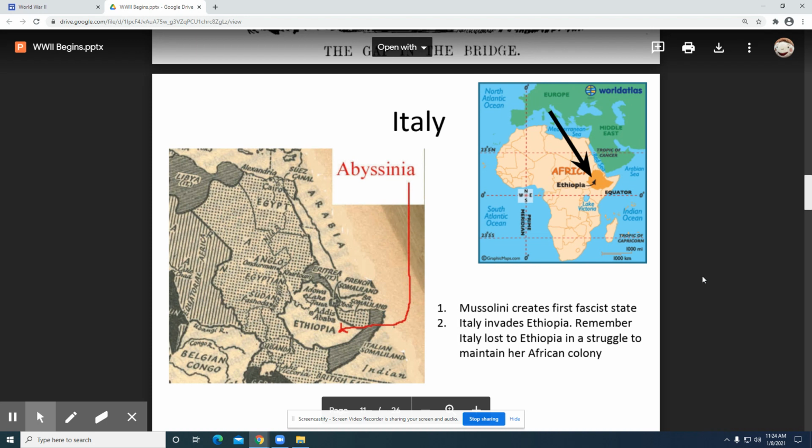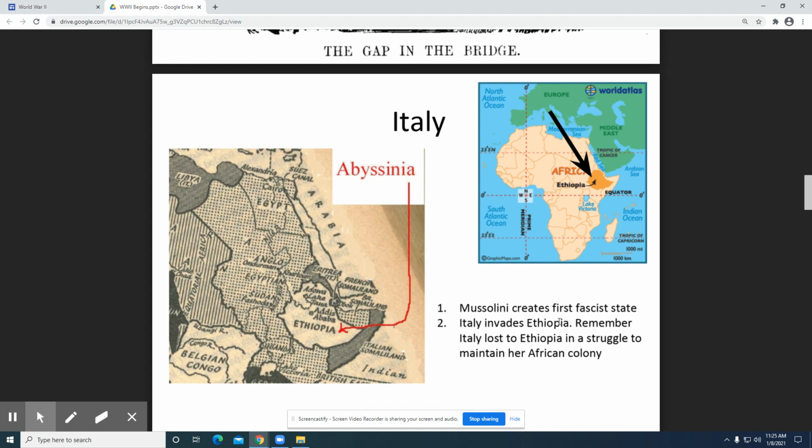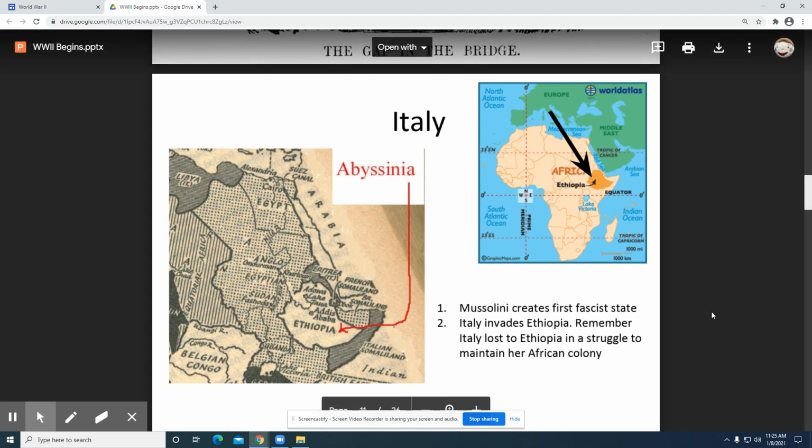Italy has something to prove. It's going to prove its dominance by deciding that they are going to go back into the region. So Italy creates the first fascist state, and they decide that they are going to invade Ethiopia. And there's some long-term bad blood between those two.